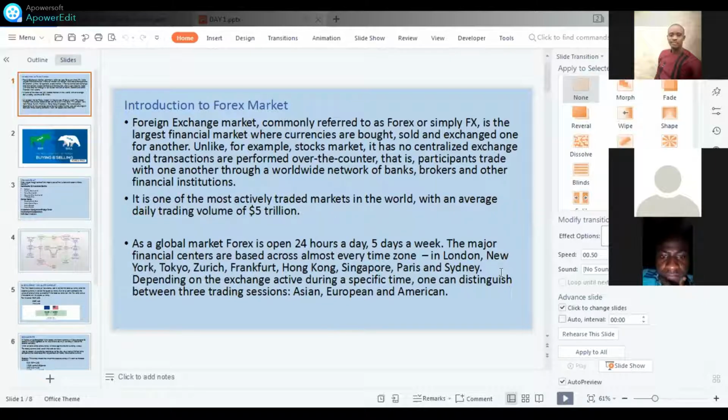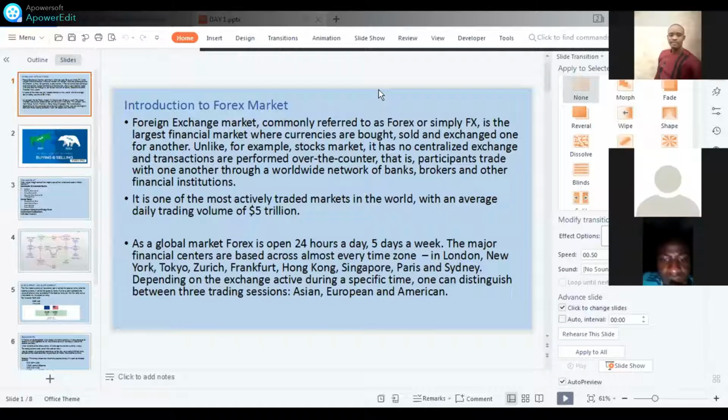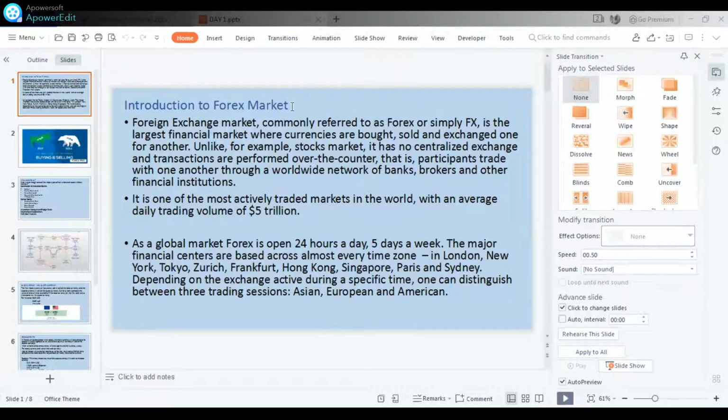Now, which sections are we looking at that actually trade this? We are looking at the London section, New York, Tokyo, Zurich, then Frankfurt, Hong Kong, Singapore, Paris, and Sydney, depending on the exchange active during a specific time. And I've always noticed something about these things. London here is GBP.